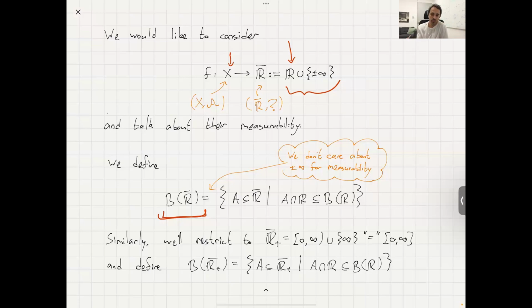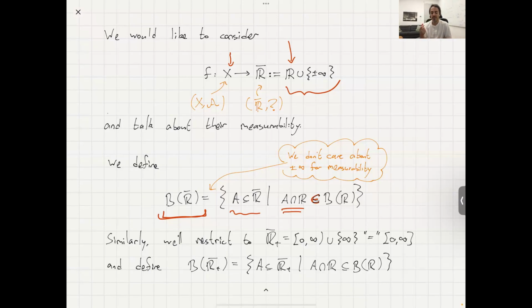And who are the measurable sets? A set A is deemed measurable if, when you ignore the plus and minus infinity, namely you intersect the set with the reals, you get a measurable set.